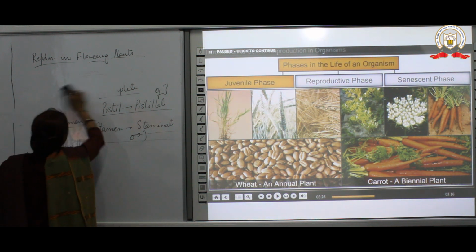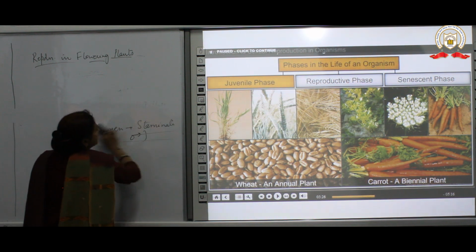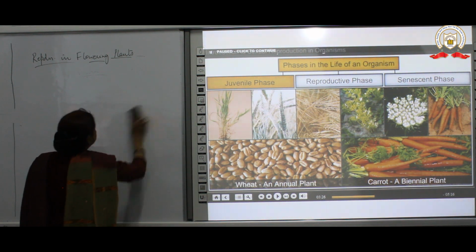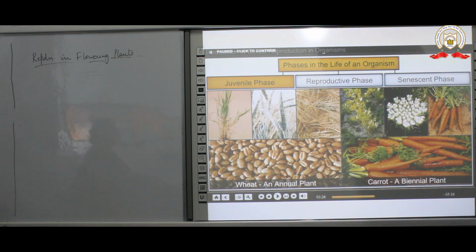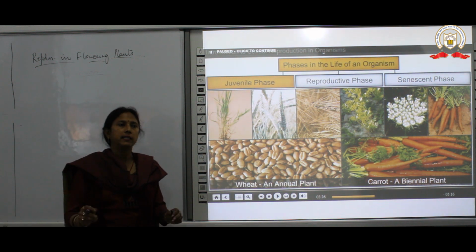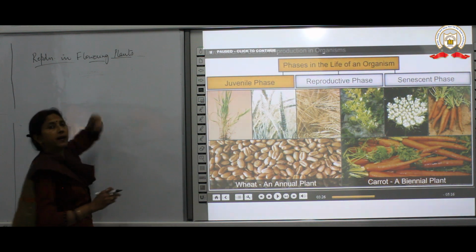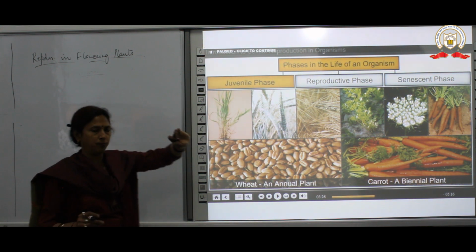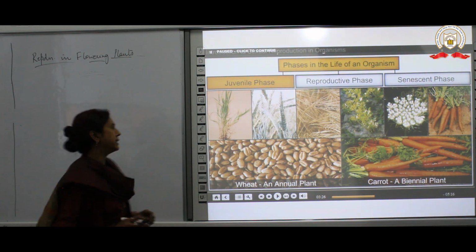Now when we talk about the flower, let us start with the reproductive units present in a flower that lead to the formation of male gametes. They are called pollen grains in higher forms. Since we are referring to flowering plants, they are called pollens, and the process of their formation is known as microsporogenesis.